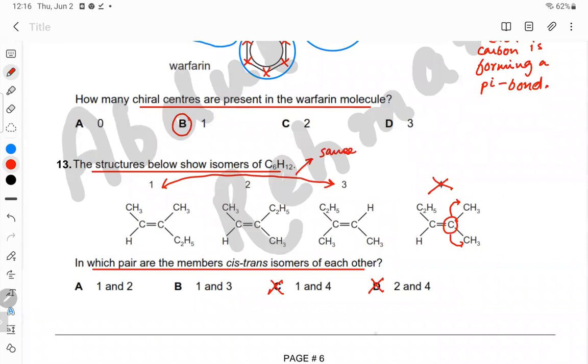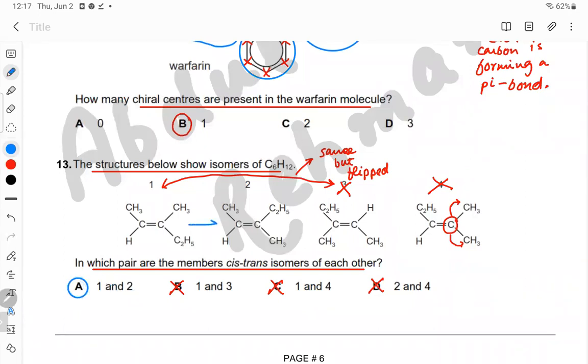They are the same molecules, but they are flipped. So 1 and 3 cannot be a pair. So that makes 3 wrong. And if 3 is wrong, then B is the correct answer. Oh, sorry, B is wrong as well. And A is the correct answer.